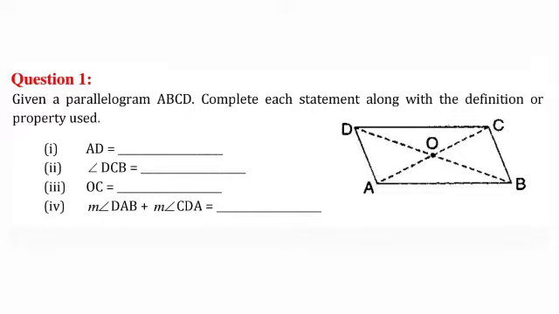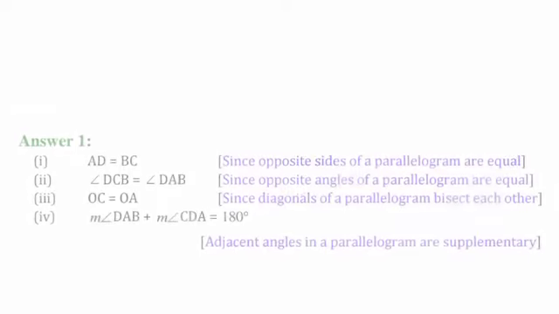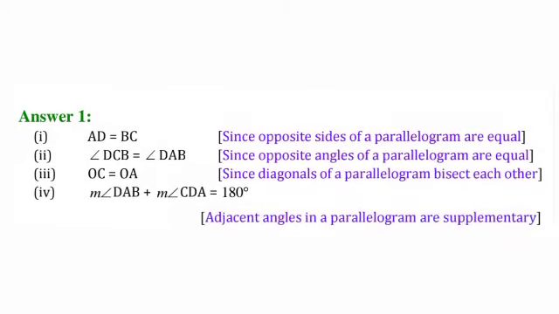When we add both, we have to get 180 degrees. Now we'll see the answer. First one is AD equal to BC because opposite sides of the parallelogram are equal. Second one, angle DCB is equal to angle DAB because opposite angles in the parallelogram are equal.